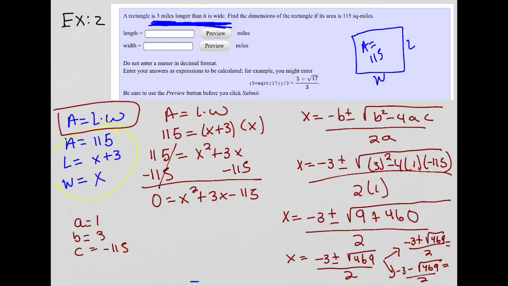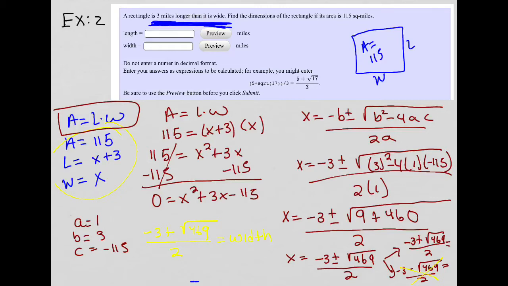And I can tell you that because here you have negative 3 minus the square root of 469, that's going to be a negative answer. So we're going to ignore this one. The one that we're going to keep is negative 3 plus the square root of 469, over 2. And this is your width.